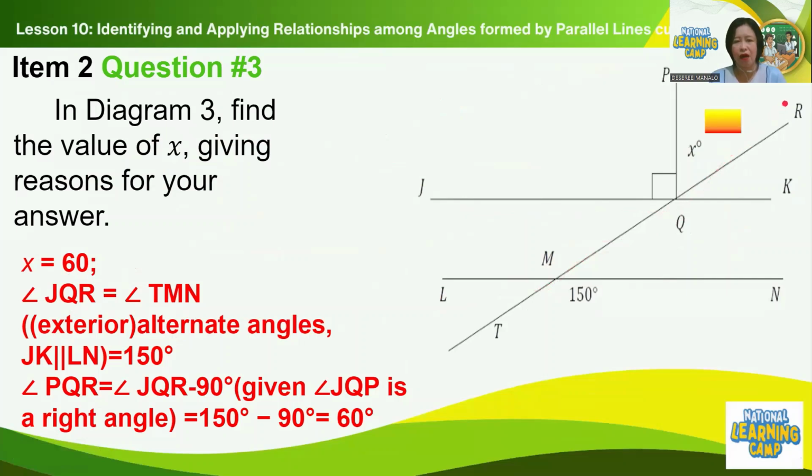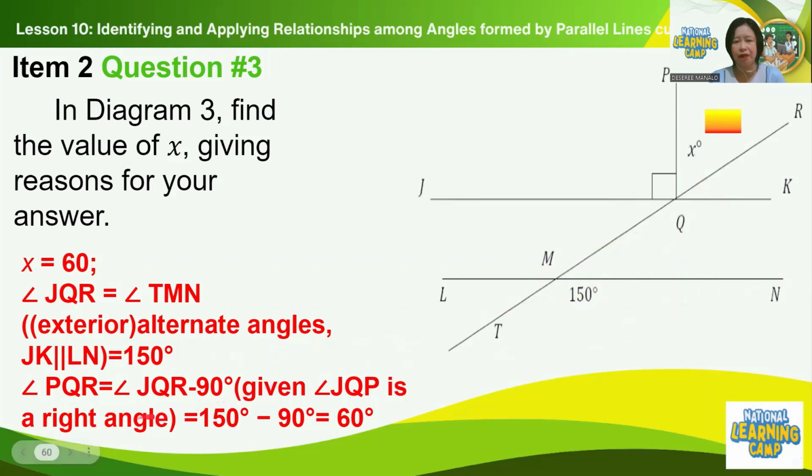They are alternate exterior angles, and we know that alternate exterior angles are congruent or equal. Therefore, it is equivalent to 150 degrees.